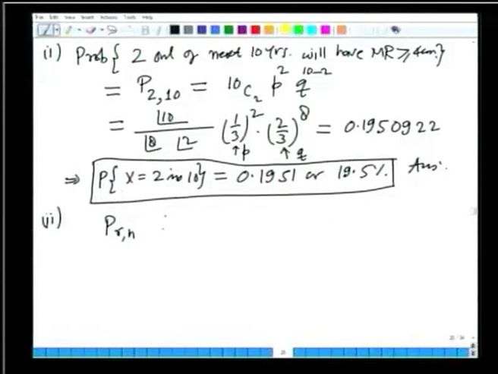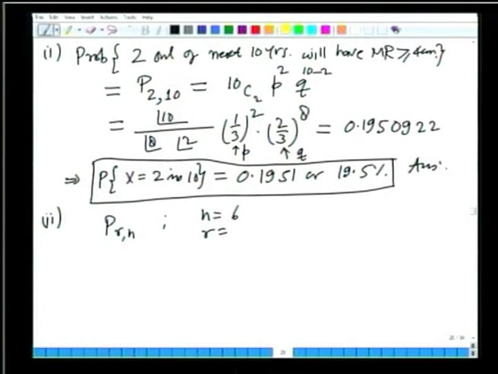So, n is equal to 6. What is r? When we say no March runoff is greater than or equal to 4 centimeters, means r is equal to 0, right. So, you say no March runoff is more than that particular value, that is in 6 years, all right, none of the years will have March runoff more than 4 centimeters.